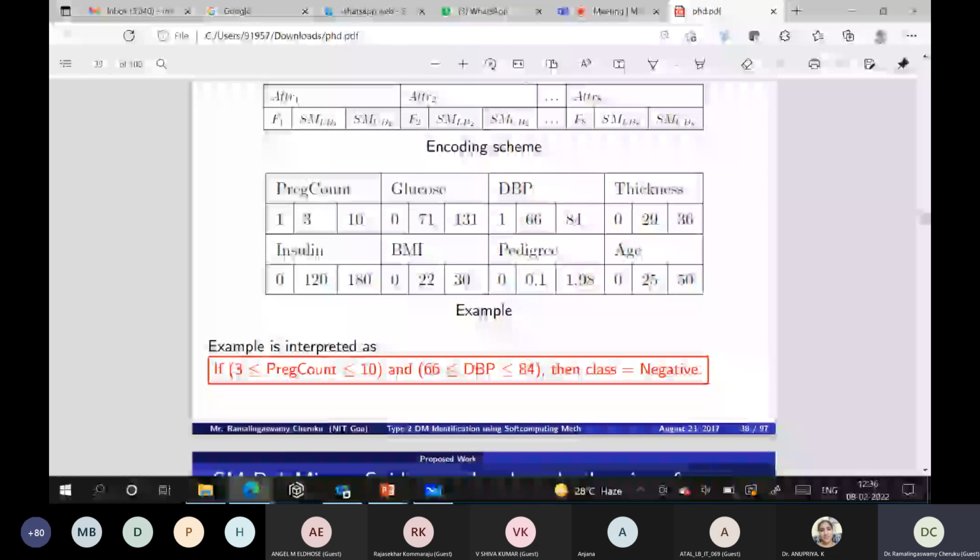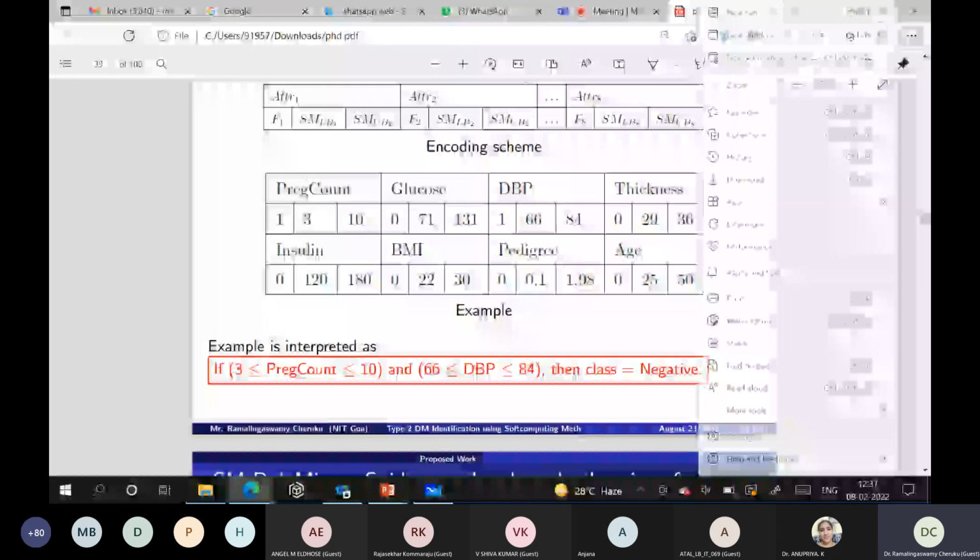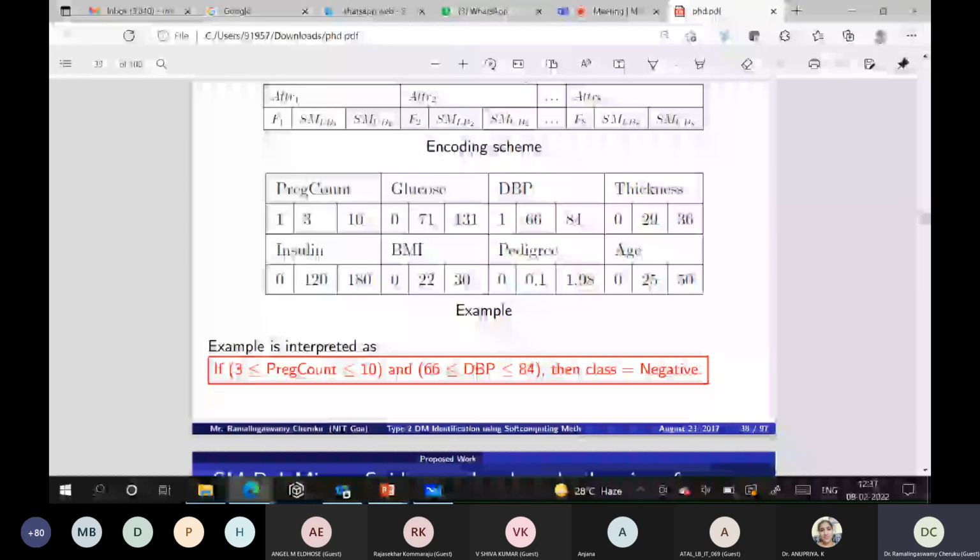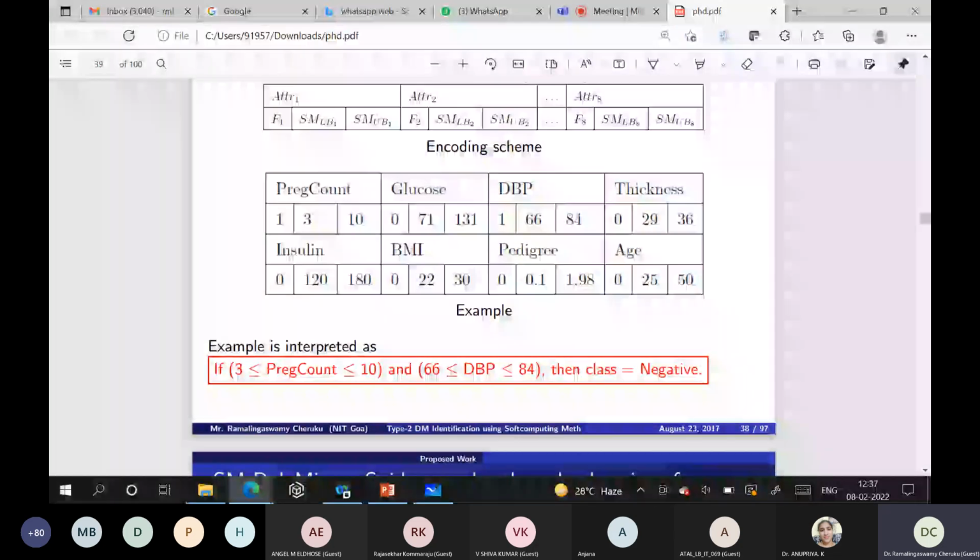Hence, those 8 features were encoded with the help of 24 subfields, because 8 into 3 is 24. This is the sample I presented. The 8 features are pregnancy count, glucose, diastolic blood pressure, skin thickness, insulin, body mass index, pedigree function, and age. These 8 features were encoded like this using 24 subfields.